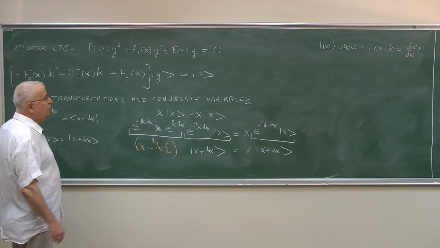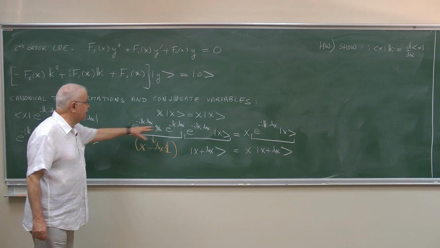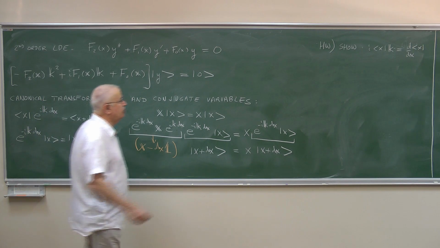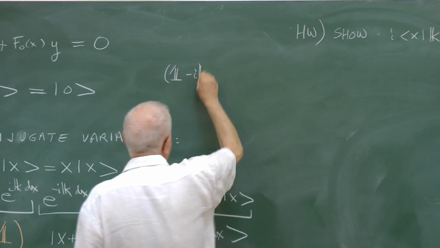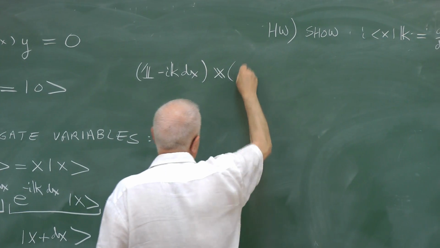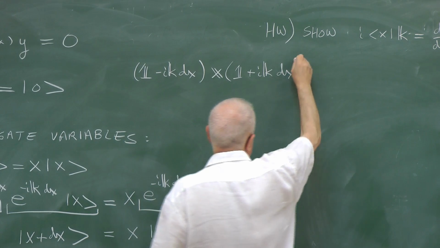Therefore, I can now express this triple product, not in exponential form, but its expansion. I may say 1 minus ik dx x, then 1 plus ik dx.